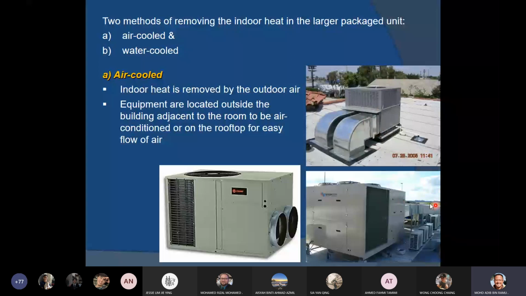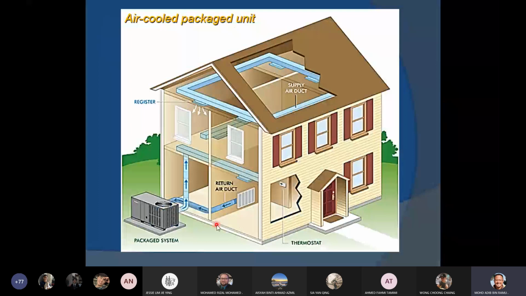Okay, so this is another diagram showing how the system works. So when you have the package unit outside, right, and then the cool air is supplied into the room through maybe underneath the floor and underneath the ceiling, right? And then at the same time, you have a return air duct. So this is from this space over here. You can only see the grill, you don't see the ductwork.